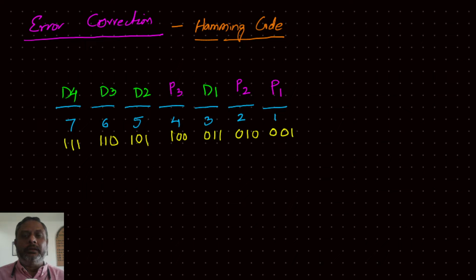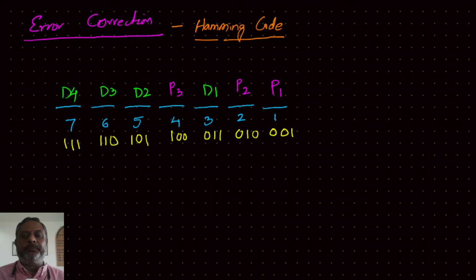And in this, let's assume that we are working with a 4-bit transmission. So 4 data bits are being transmitted. So for transmitting 4 bits, we need 7-bit coding, 7-bit Hamming code, so that 1 bit of error can be identified.